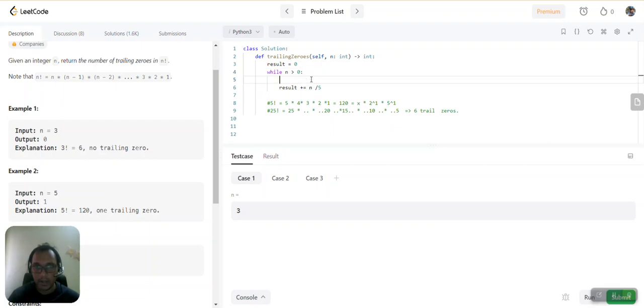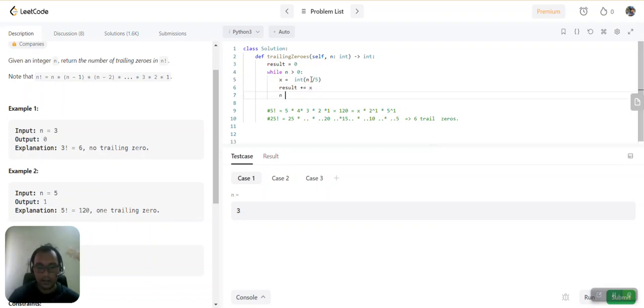Let's keep this data in a variable so that we can reuse it, and we might get a float, so let's convert it to int, x. For the next iteration we'll reduce n to x.